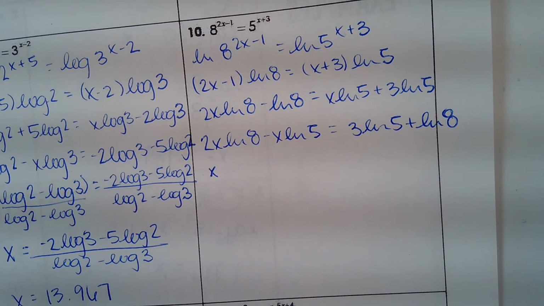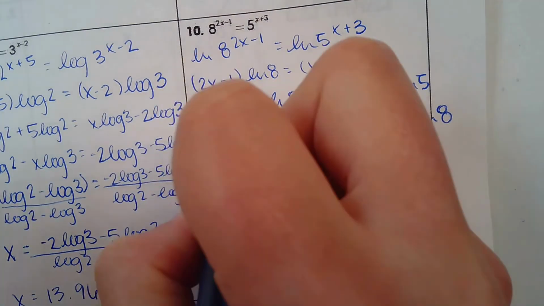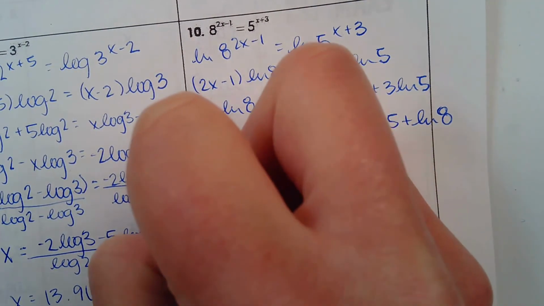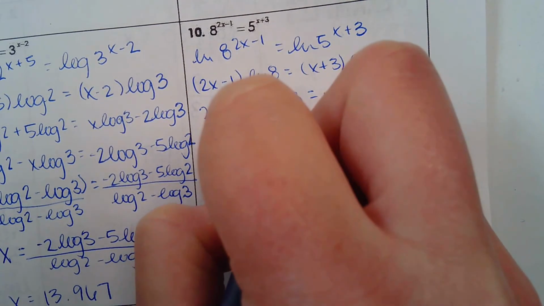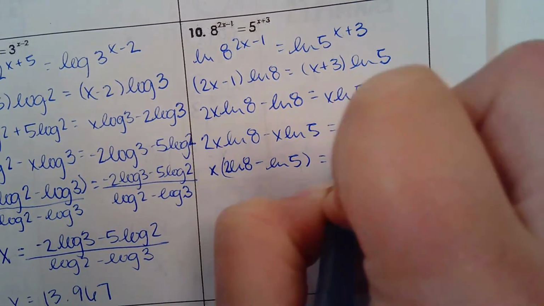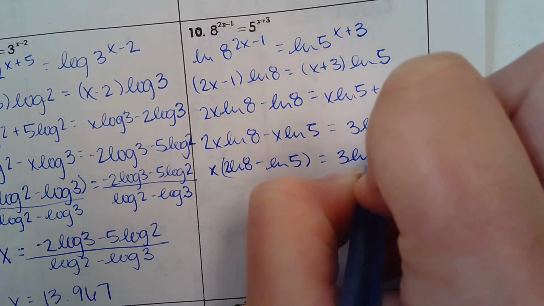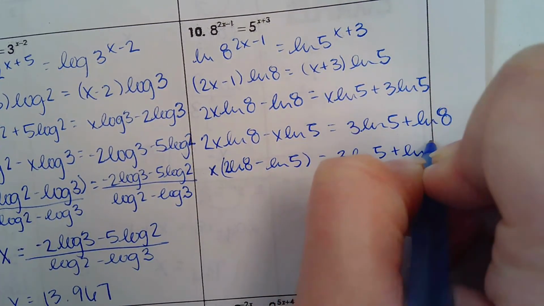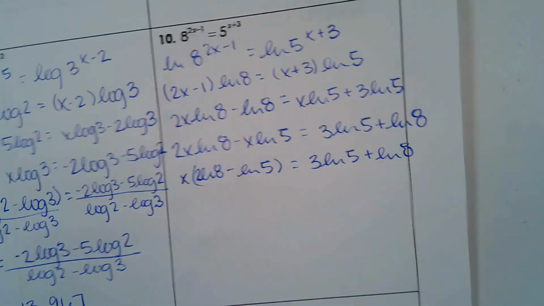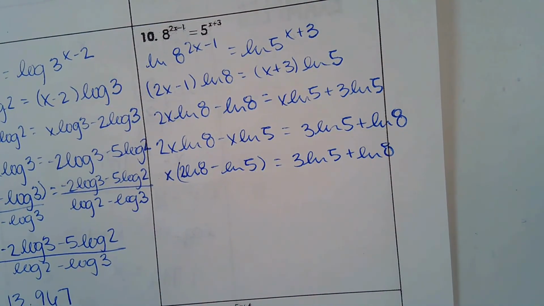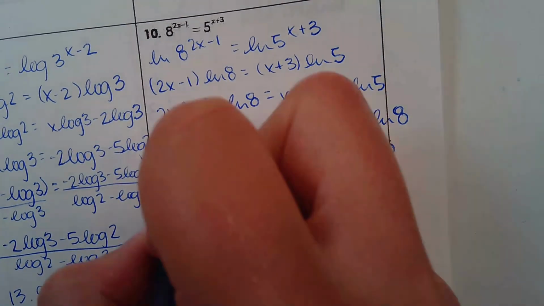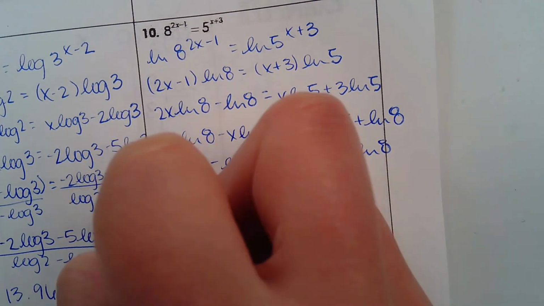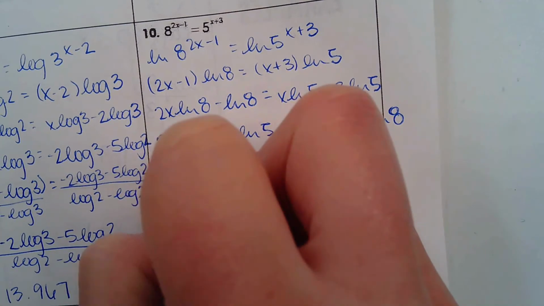Just pull out what you need and leave everything else in there. 2 natural log of 8 minus natural log of 5. And so at this point we just want the x, so we'll divide off all the stuff that we don't want. I keep forgetting that too.